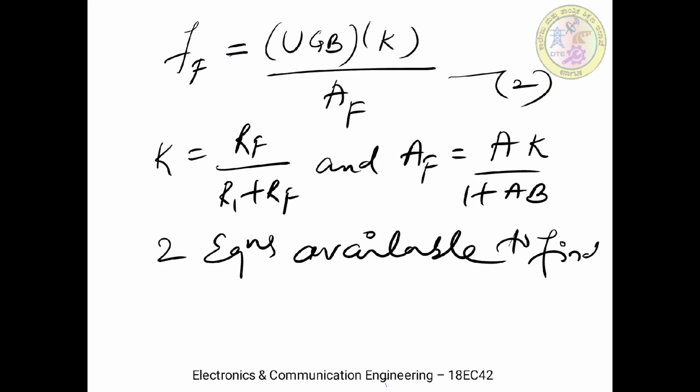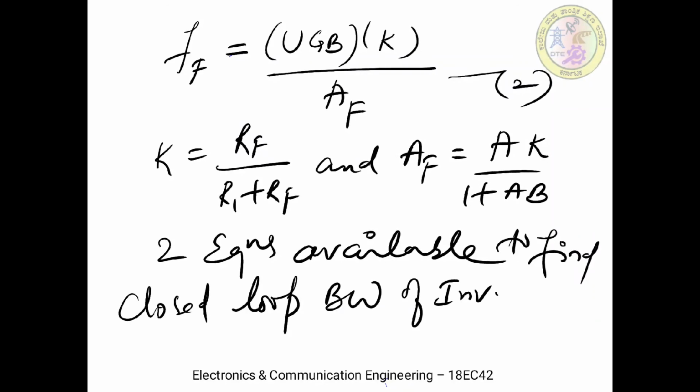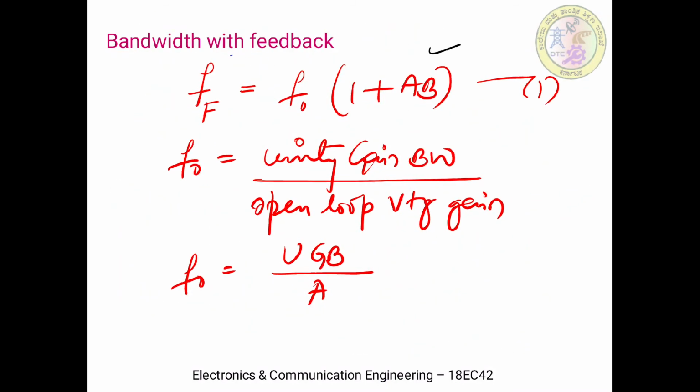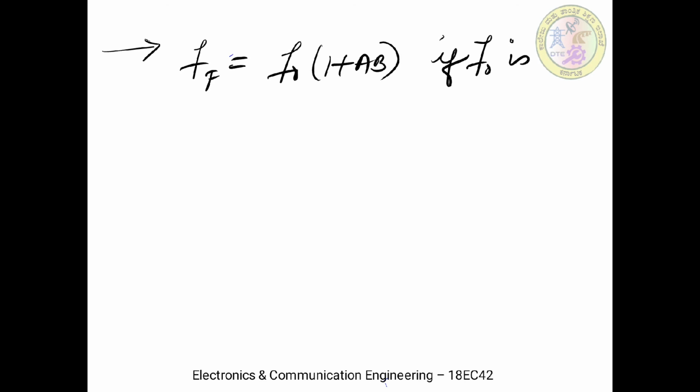We can make use of the first equation, FF equal to F naught into 1 plus AB, if F naught is known, that is, if the break frequency is given.